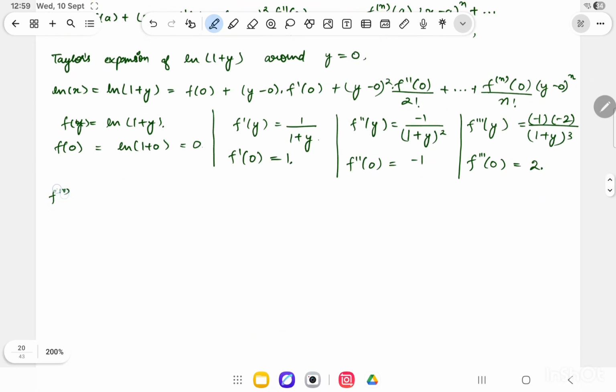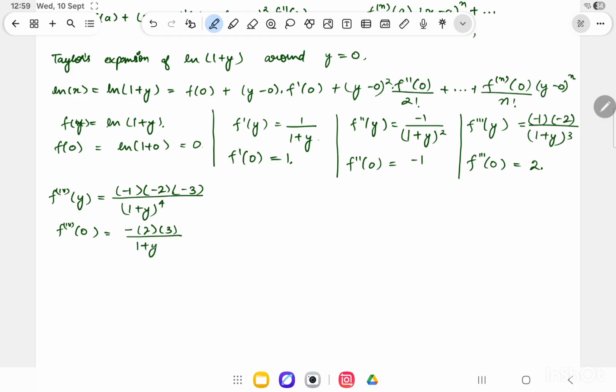Likewise, the fourth derivative will be minus 1 into minus 2 into minus 3 divided by (1 plus y) raised to 4, and its value at y equals 0 will be minus 2 into 3, that is minus 3 factorial.